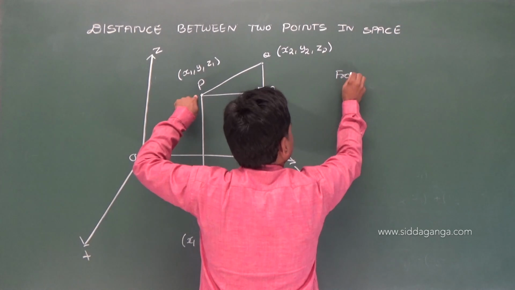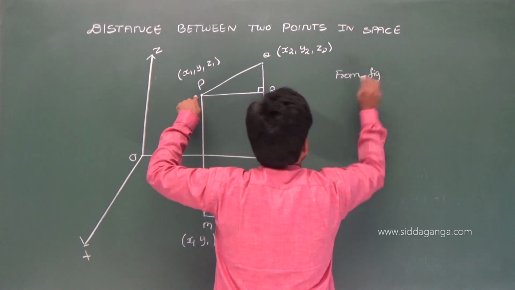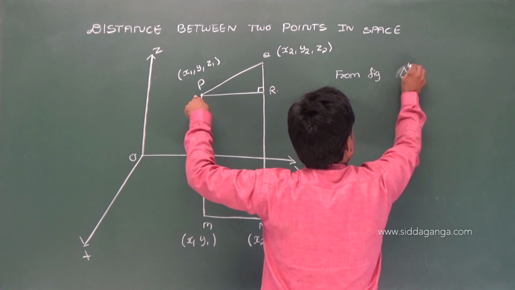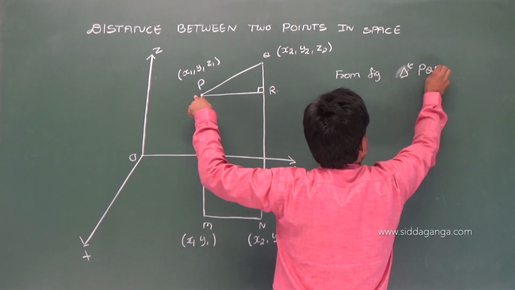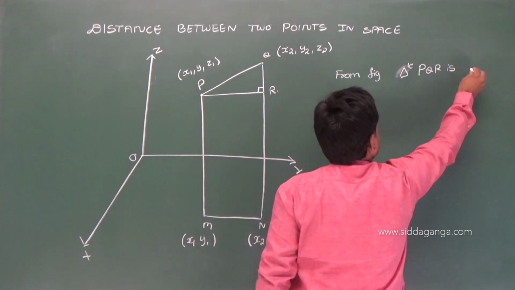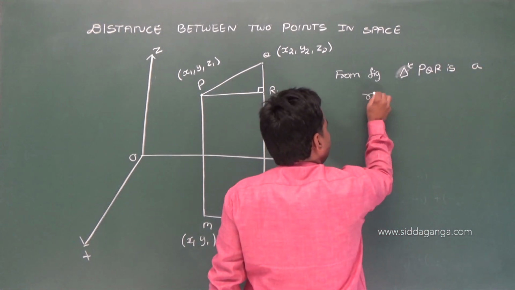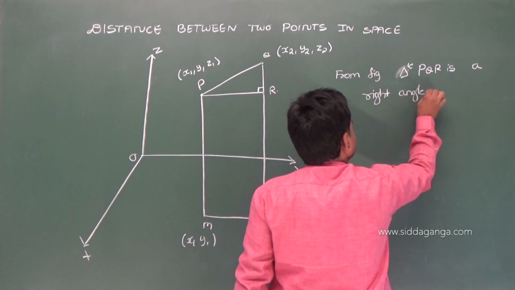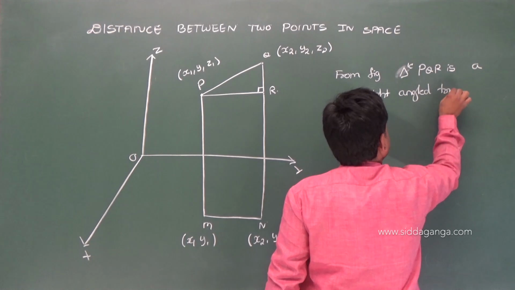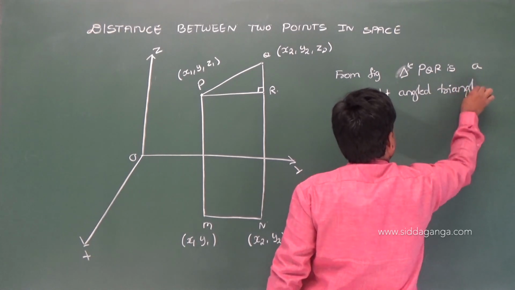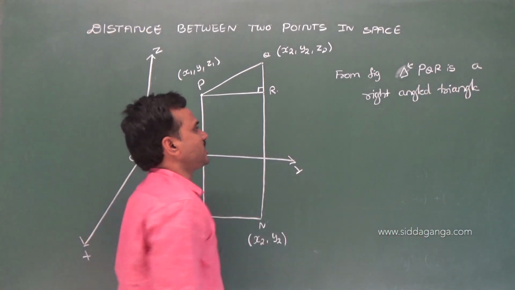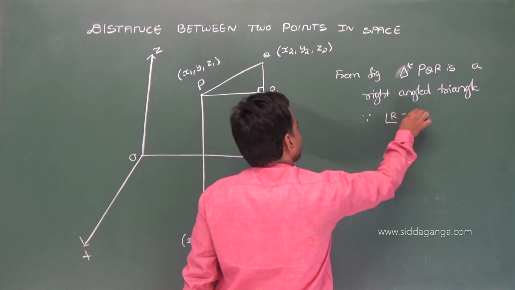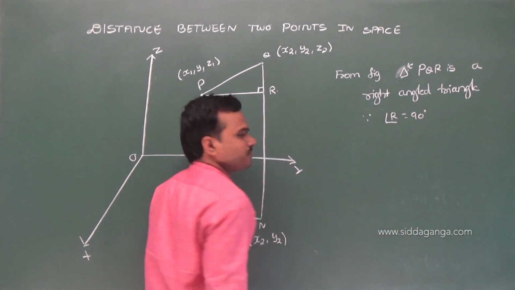Correct? PQR is a right angle triangle. Why? Since angle R is equal to 90 degrees.